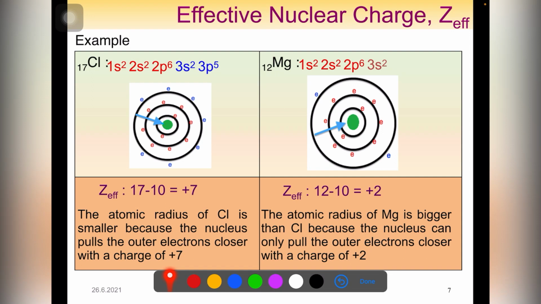That's why the attraction between the nucleus and electrons in magnesium is weaker, which causes the atomic size of magnesium to be bigger. Because the effective nuclear charge for each electron in chlorine is stronger, the atomic size becomes smaller. So if we compare chlorine and magnesium, of course magnesium has a bigger size compared to chlorine.